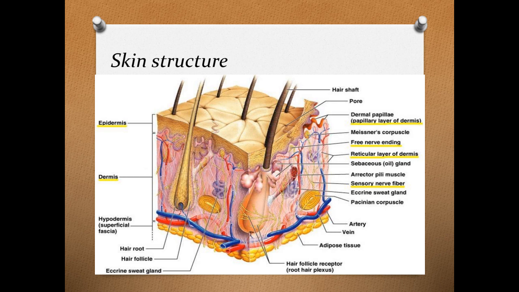I just want you to concentrate on the dermis, which consists of two parts. The first part is the papillary dermis.